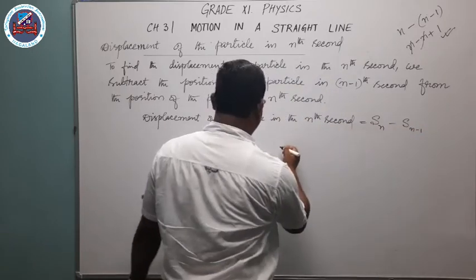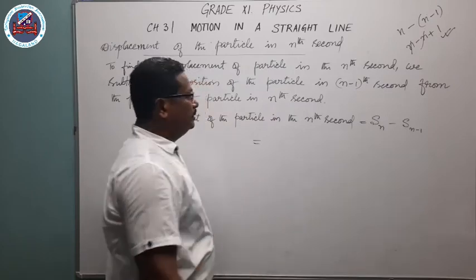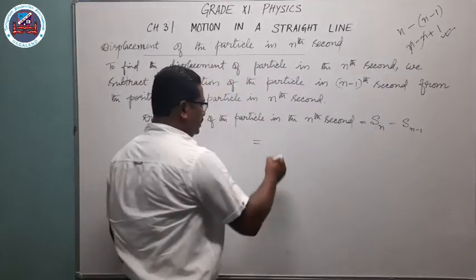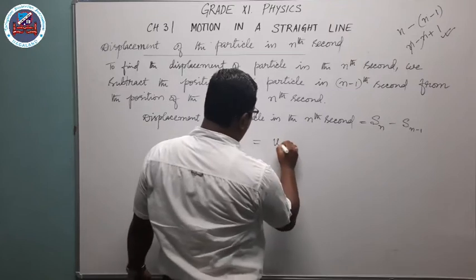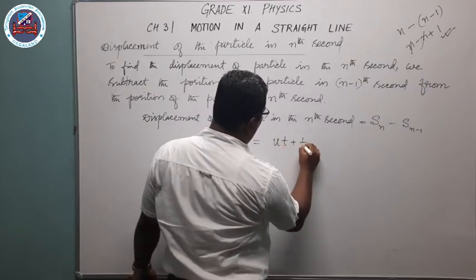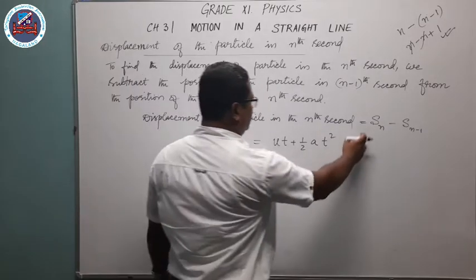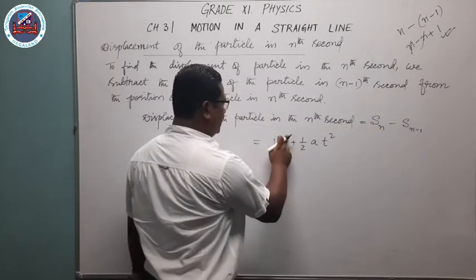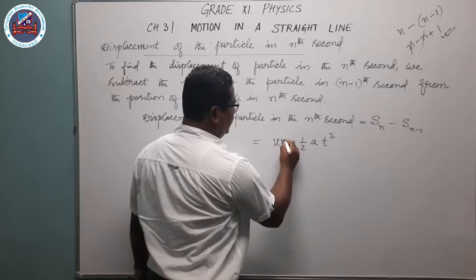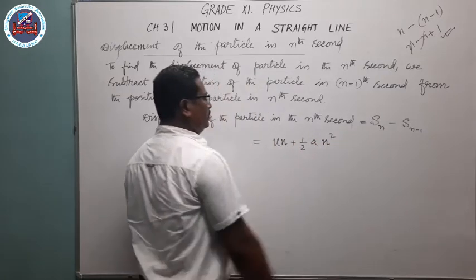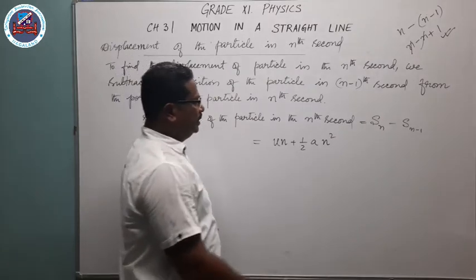That is equal to, I am writing here, displacement in the nth second. Your formula for displacement is s equal to ut plus half of a t square. But in nth second you are finding out, so time you take as n, un. Here also it will become n, a n square. This way you write down.